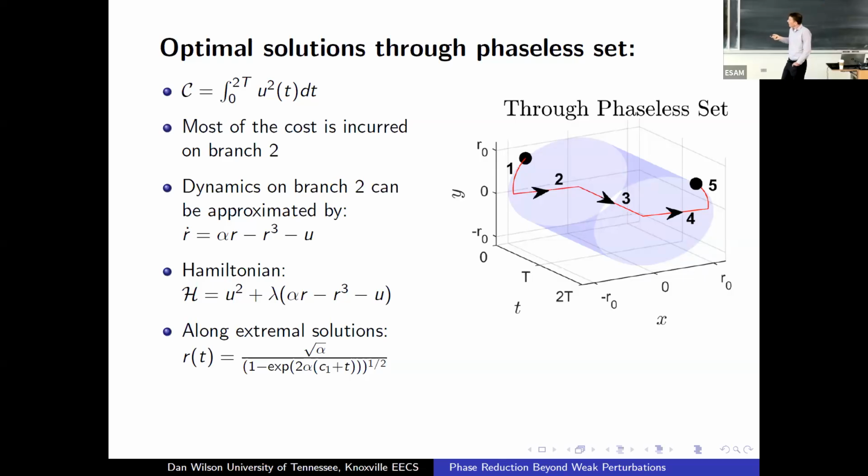The associated dynamics on that second branch simplifies to R dot is equal to alpha R minus R cubed minus U, where again, I don't have that sine term on my input because I know that I'm on this left edge over here, and the sine of pi gives me -1 over here. I can define the Hamiltonian for the system. I can calculate extremal solutions for this energy optimal control problem.